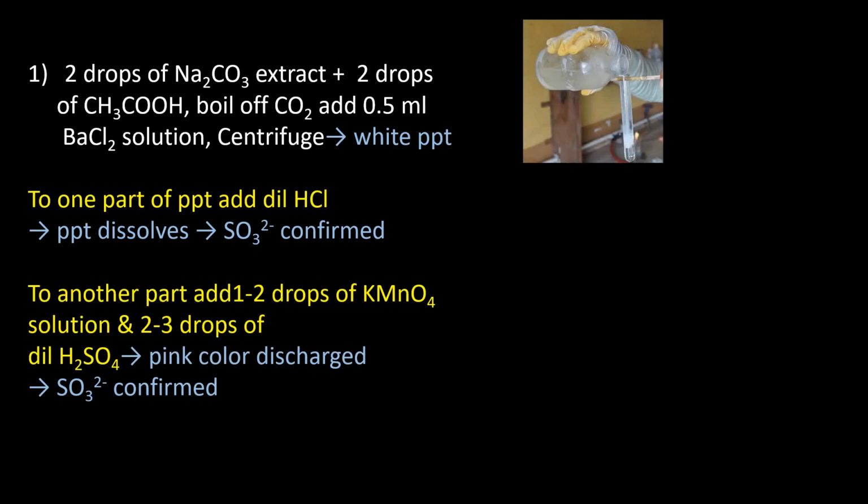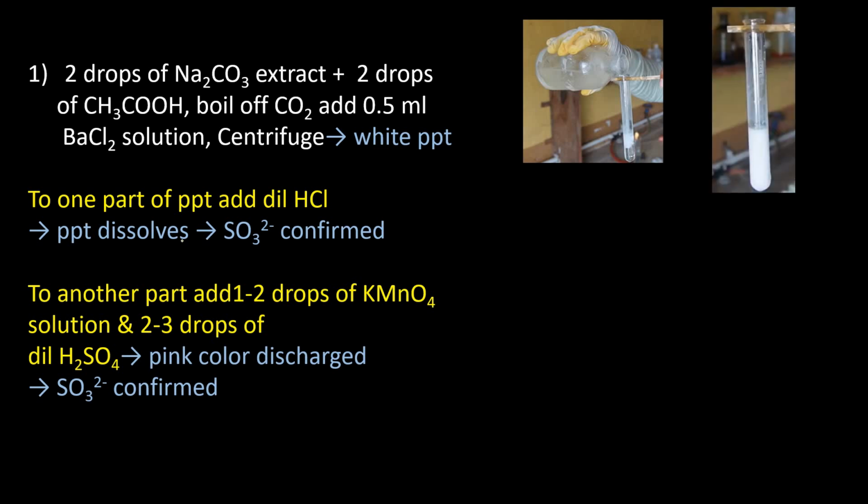So you are adding this barium chloride after neutralizing the sodium carbonate extract, and you get this precipitate. Then what is this reaction? You have the sulfite. So I am taking the sodium sulfite, Na2SO3, plus you are adding barium chloride.